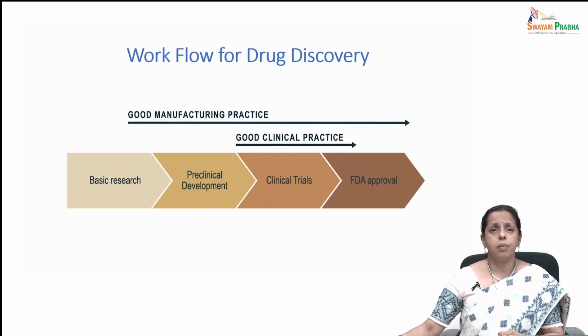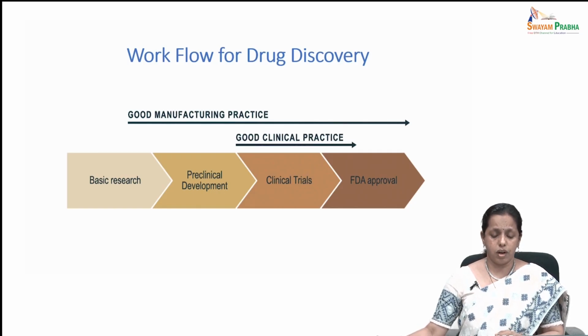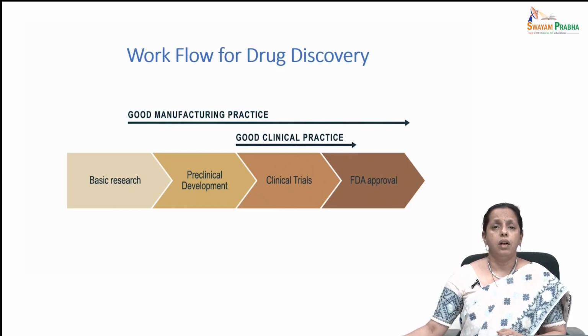So this gives the pipeline for cancer drug discovery. First is the basic research, where we identify the lead compounds. Then comes the preclinical development, where exactly the cell culture and the patient-derived xenografts or xenografts come in. Then the clinical trials, where they are tested on patients, and further go on to FDA approval so that they can be launched into the market.